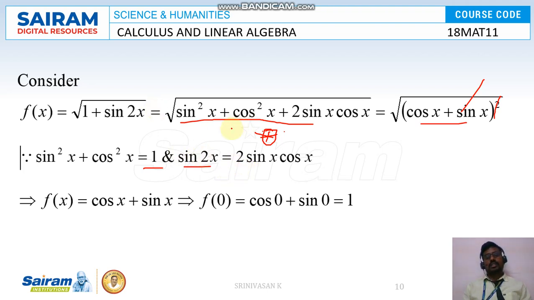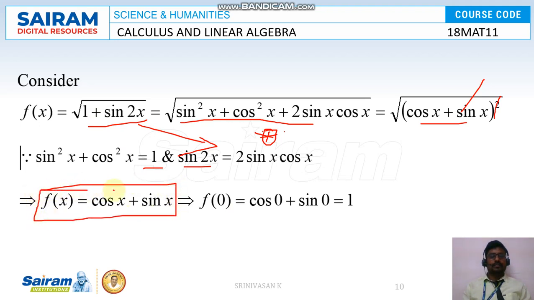That's why I substituted this formula. This is how to get this value using this formula. Now I replace square root of 1 plus sin 2x with cos x plus sin x. This is our new function, and hereafter we can use only this function.